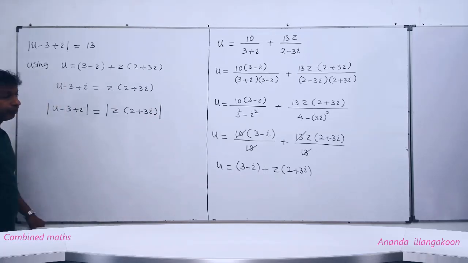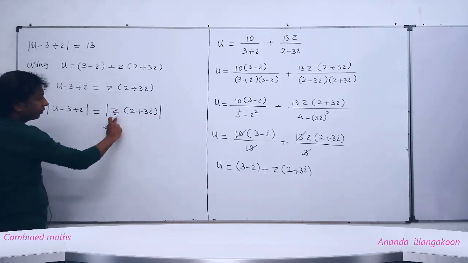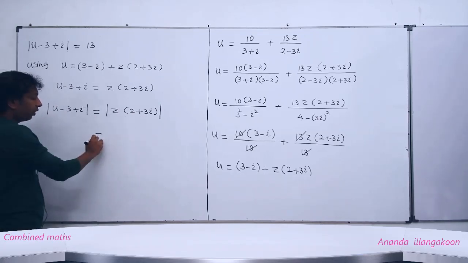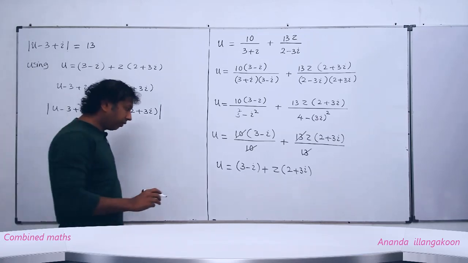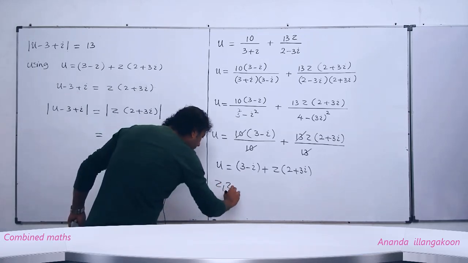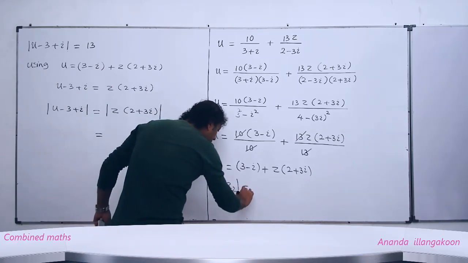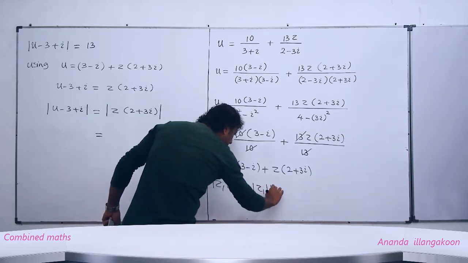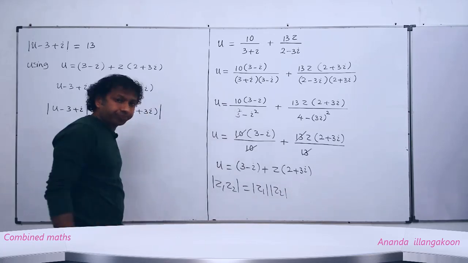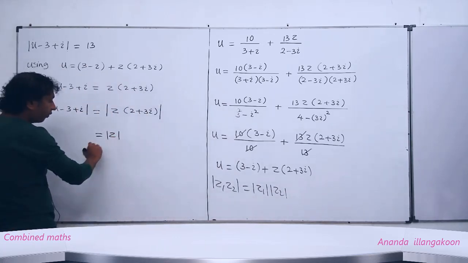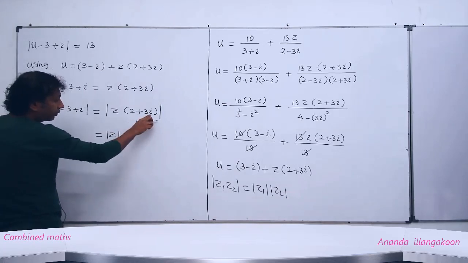Okay. Then here this is a complex number, and this is a complex number. Then we have a product of two complex numbers. People, you can remember that when we have a product of two complex numbers z1 z2, its modulus, we proved, is equal to the modulus of z1 times the modulus of z2. So then I can write this one as mod z times the mod of this.